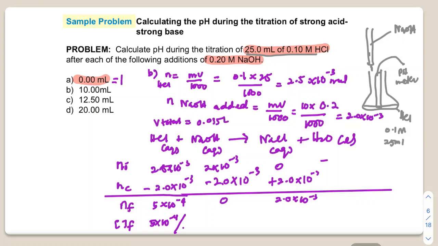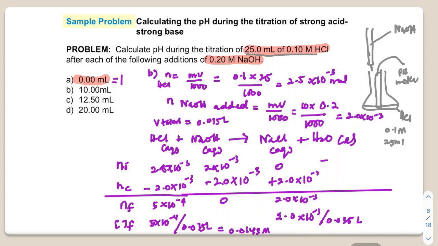So here is over 0.035 liter. And sodium chloride concentration is also 2 times 10 negative 3 over 0.035 liter. So the final concentration of the HCl is equal to 0.0143.